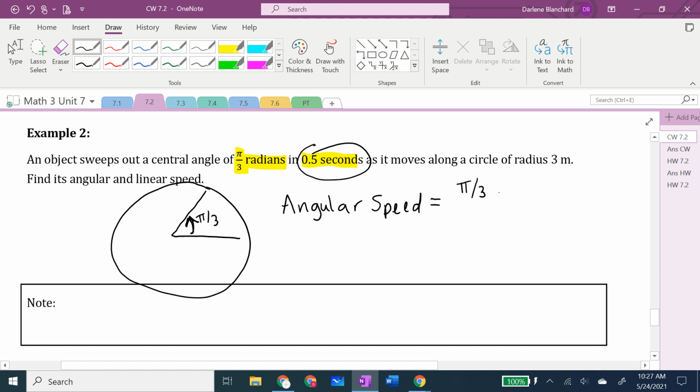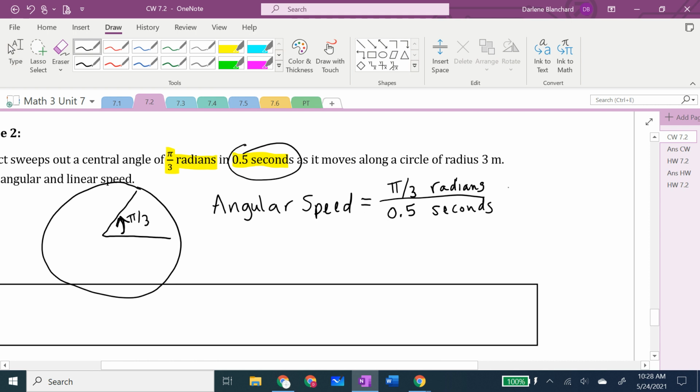It's how many radians were traveled over an amount of time in seconds. And what number does this give us?